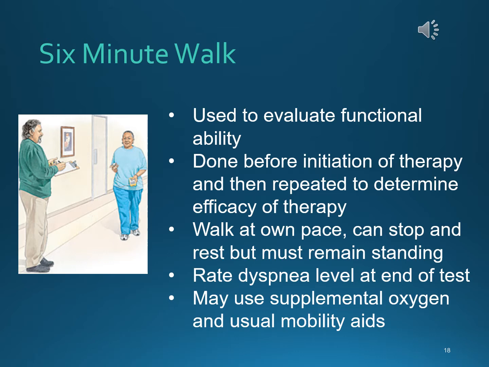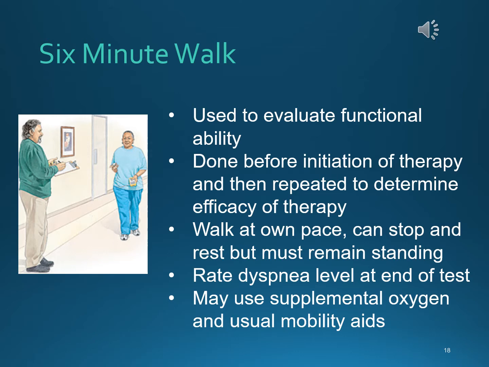Most people are able to do this just fine with very little instruction and very little prompting. They then at the end of the test rate their dyspnea level, and if they have supplemental oxygen that they use at home, they can use that.